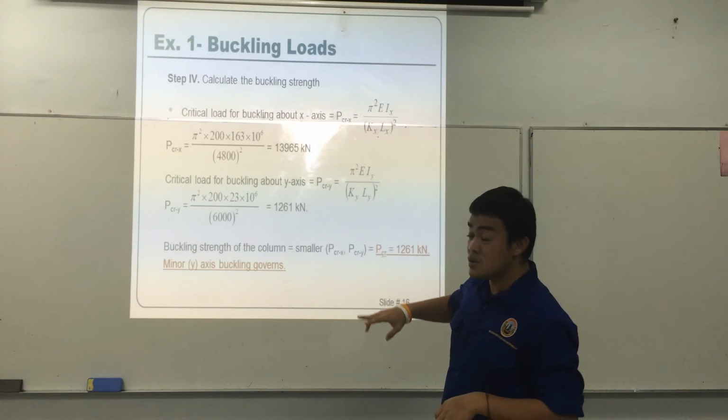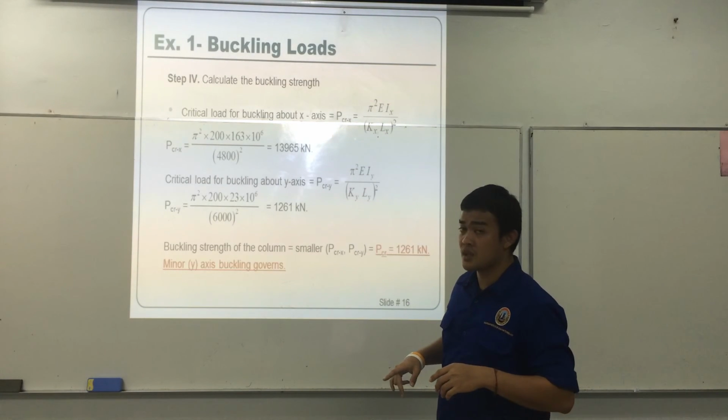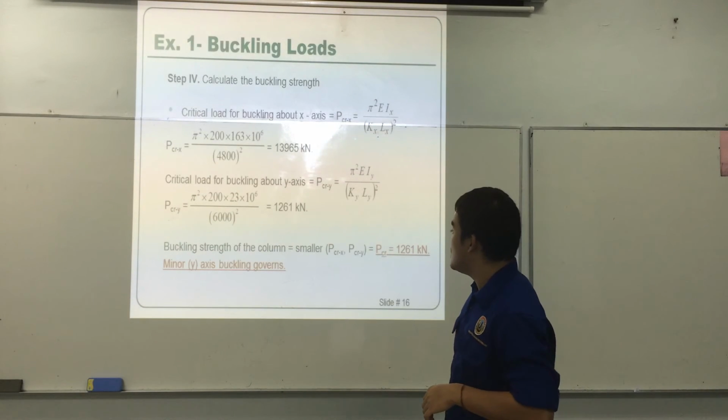So now we get two values of the critical load for buckling.